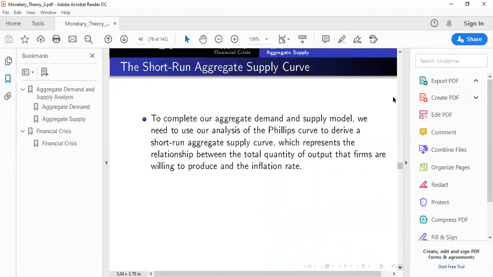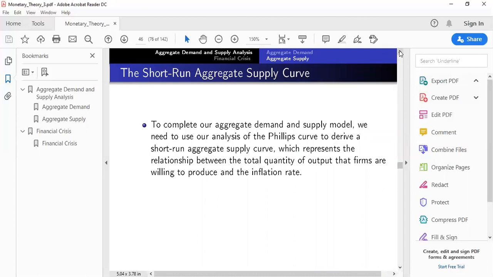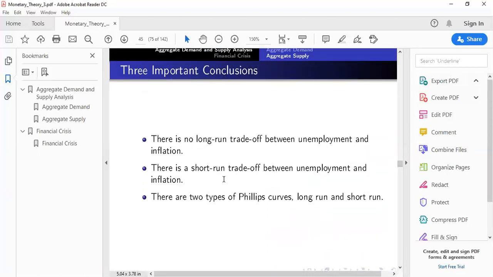There is a short-run trade-off between unemployment and inflation, and there are 2 types of Phillips curve, the long run and the short run. These are very important conclusions you should have when it comes to the Phillips curve, which is the relationship between unemployment and inflation.